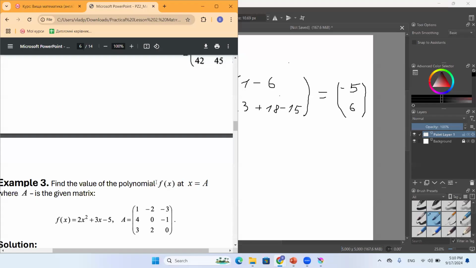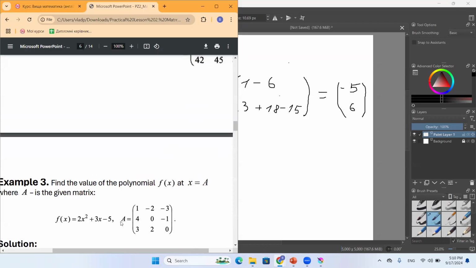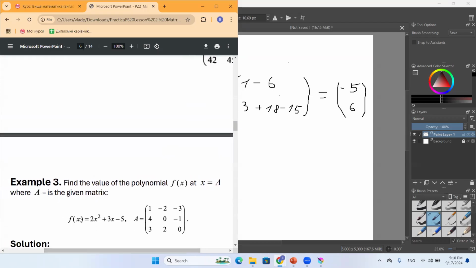Okay. And now we will combine operations with matrices that you already know, and we will do the next exercise. Just let me share my screen. You will have to calculate this polynomial function where the argument is a matrix.